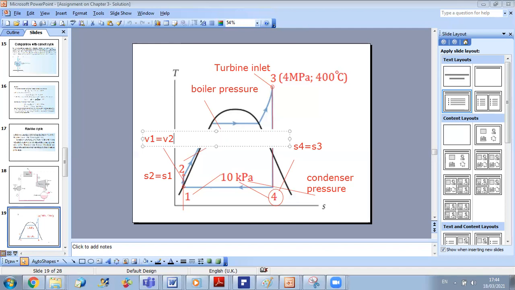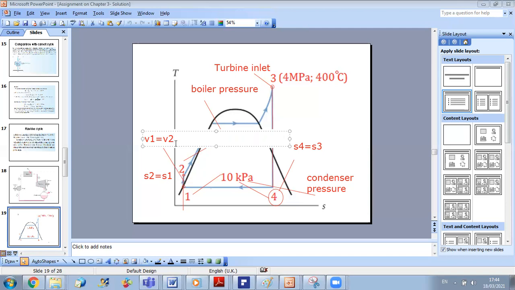Because you know that for liquids, it's not easy to vary the density, and the density is inversely proportional to the specific volume. This is why, in general, when I go over the pump, I can say that nearly V1 is equal to V2.